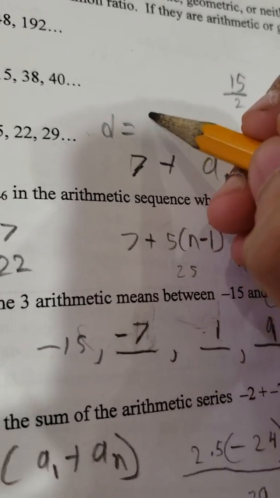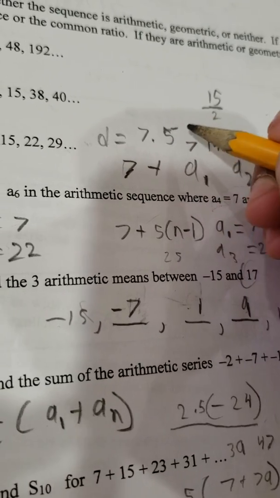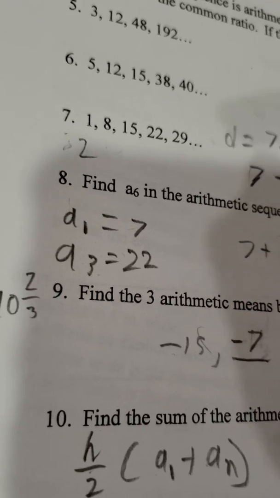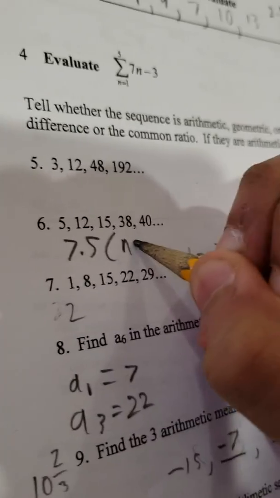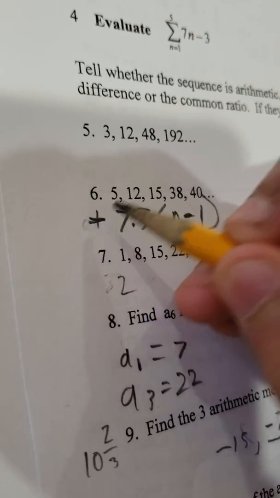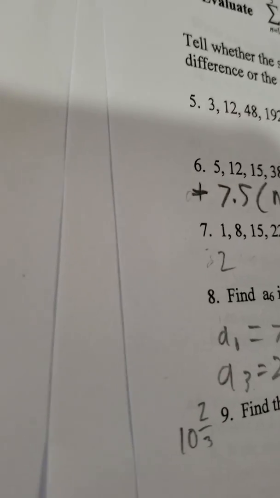The difference, whatever it's called, D, equals 7.5. 15, 22, yeah, it works out. So the difference is 7.5, and then multiplied by n minus 1, and then add that to the starting number.